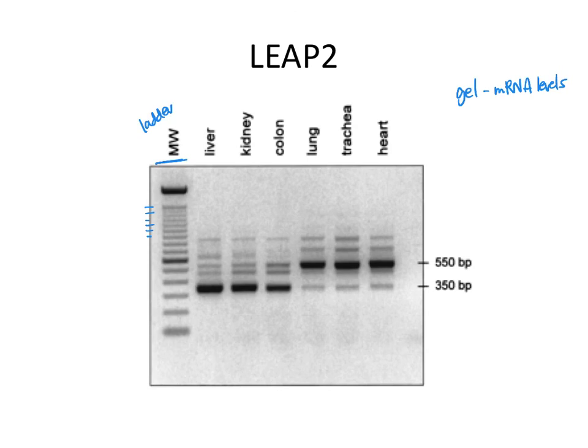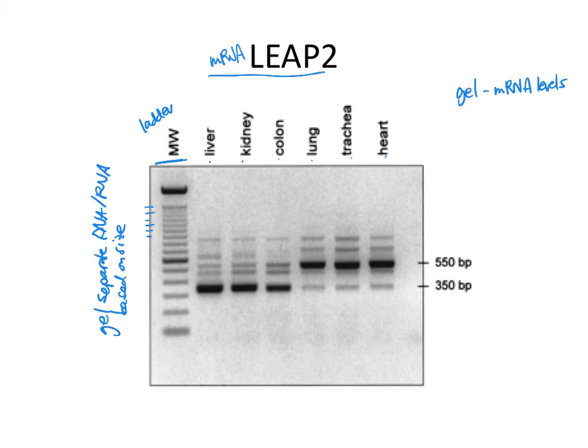It's not important necessarily what those size markers are, but it is important to remember that a gel can separate DNA and RNA based on size. Okay. And then we're looking at the mRNA from the gene LEAP2. And we're looking at it from 6 different tissues: liver, kidney, colon, lung, trachea, and heart.